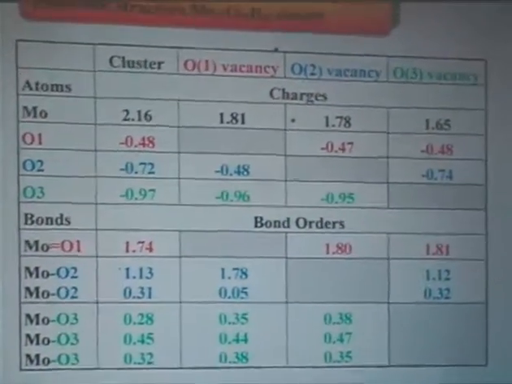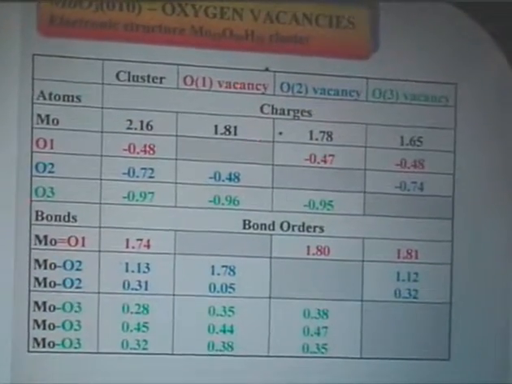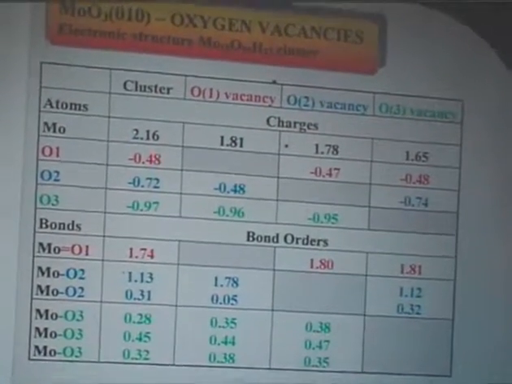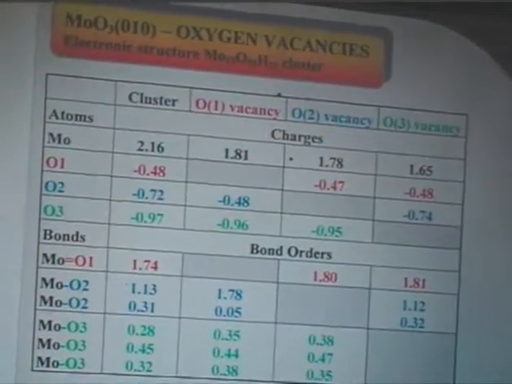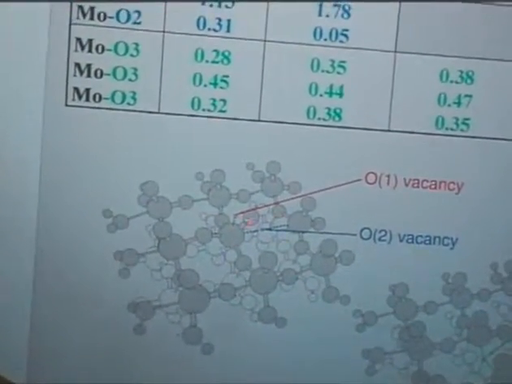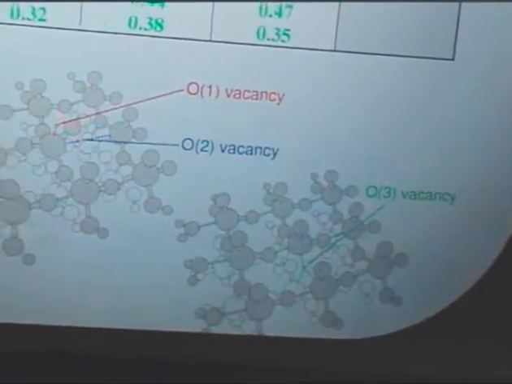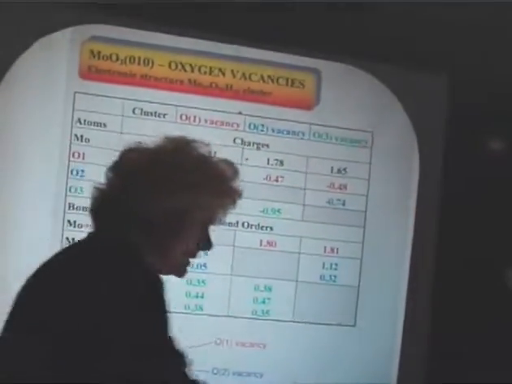In fact, if we go to the electronic structure for these cases, we also see that this remaining oxygen takes also the charge 0.4, like it was in molybdenyl oxygen. So the formation of an O1 or O2 vacancy causes a big rearrangement of the surface, and the remaining oxygen behaves like the molybdenyl oxygen, except that it is just a little bit tilted towards the surface.